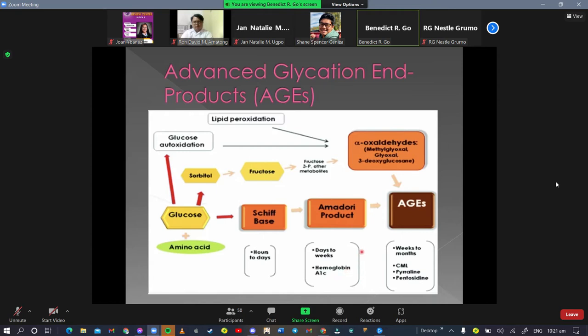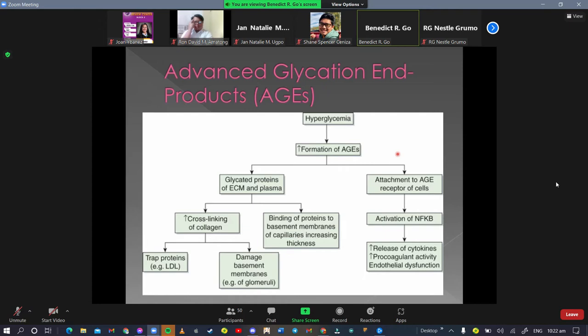And AGEs or your advanced glycation end products occur within weeks to months. These are examples of your very unfavorable AGEs. Okay, this can also happen in different ways, by lipid peroxidation and glucose auto-oxidation. And these are the precursors of your AGEs.